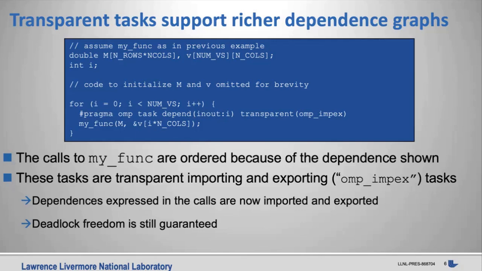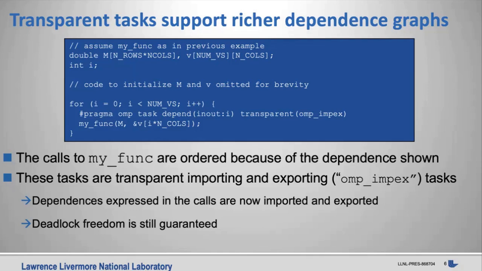All right, and by specifying that the tasks that are going to execute myfunc are transparent tasks, I guarantee that the dependencies that are generated within myfunc are going to be honored across all of those different tasks, because each of those tasks is going to be a transparent task, which means that dependencies from their parent task are now able to flow in, all right, to that transparent task.